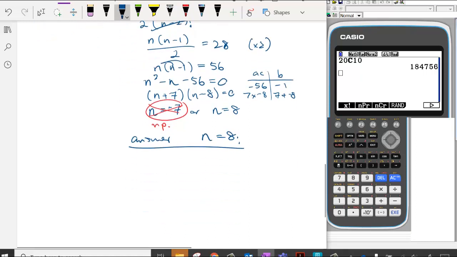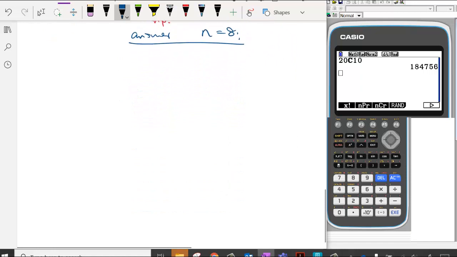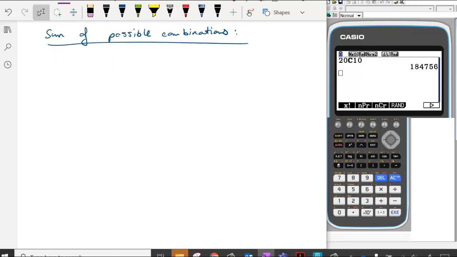All right. So the last thing we're going to look at in this lesson is this idea of the sum of possible combinations. What I mean by this is we're looking at all the possible combinations for a given number. Let's start real simple. We've got 2 objects and we want to look at all the possible combinations, with no restrictions.